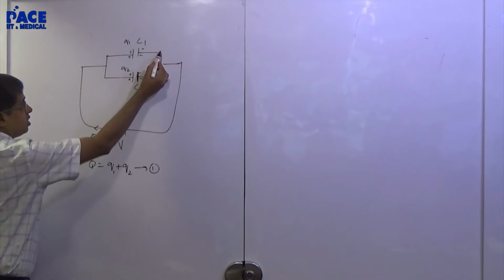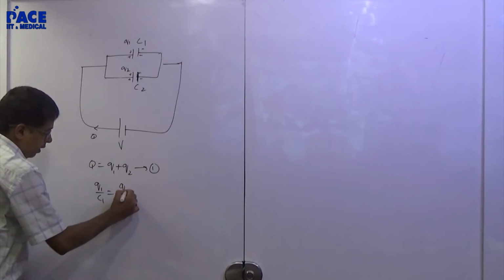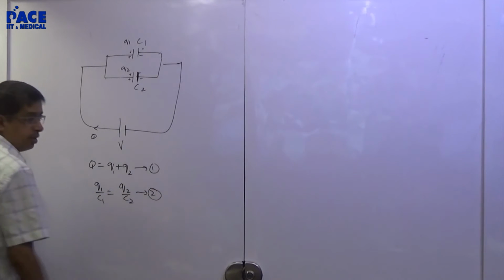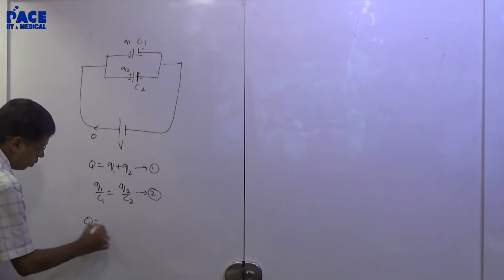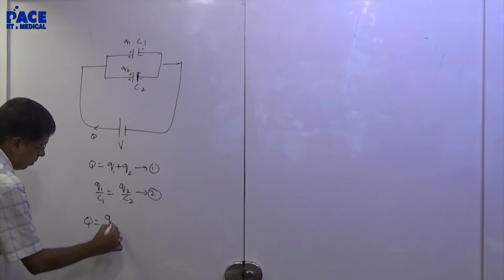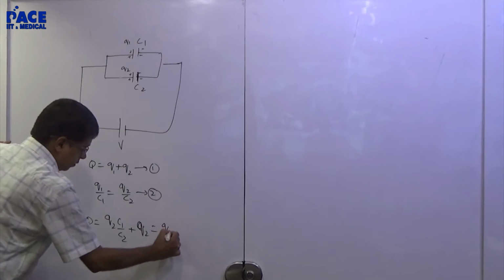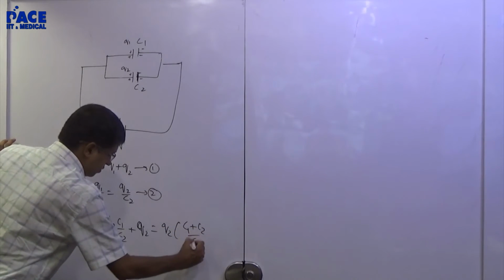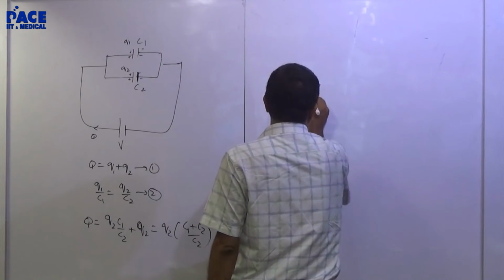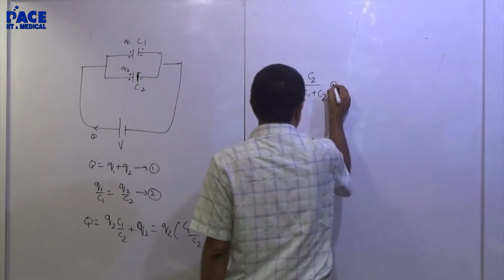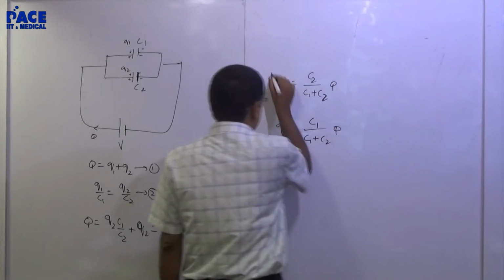Second equation, the potential difference across this and this will be equal: Q1 by C1 is equal to Q2 by C2. When you simplify this, Q is equal to Q2 C1 by C2 plus Q2, which is Q2 times (C1 plus C2) by C2. So I get Q2 to be C2 by (C1 plus C2) into Q. Q1 will be C1 by (C1 plus C2) into Q.